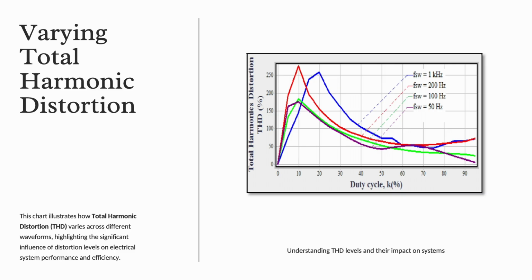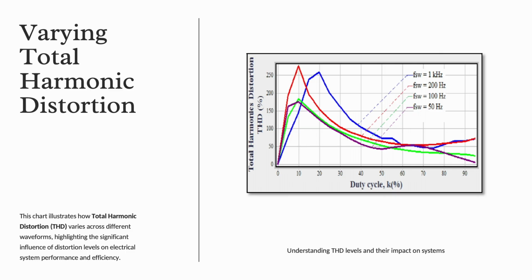As the duty cycle increases from 0 to around 10 to 20%, the THD rises sharply. This means that at a certain duty cycle the system generates very high harmonic distortion. After reaching the peak, all curves begin to fall as the duty cycle continues to increase.